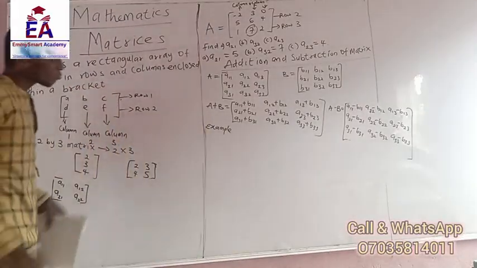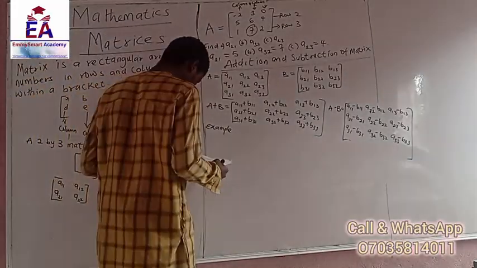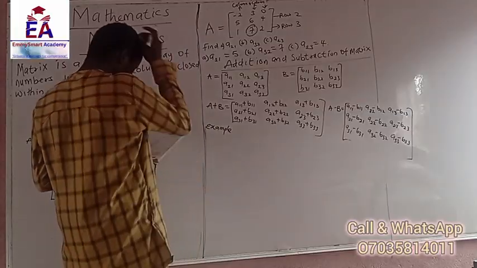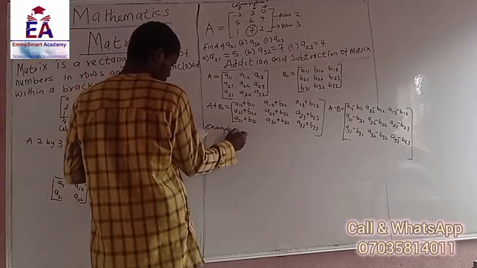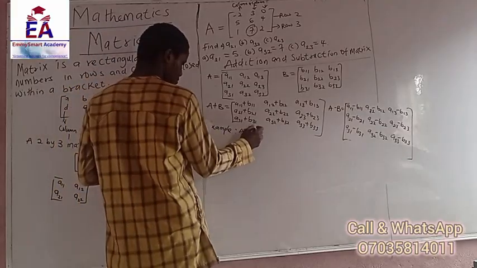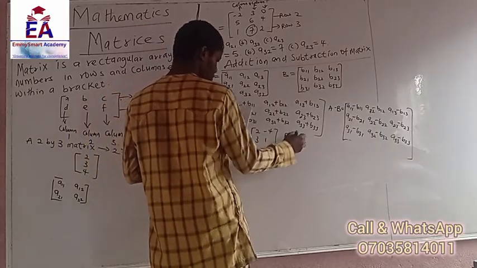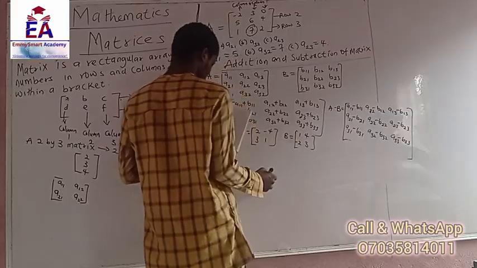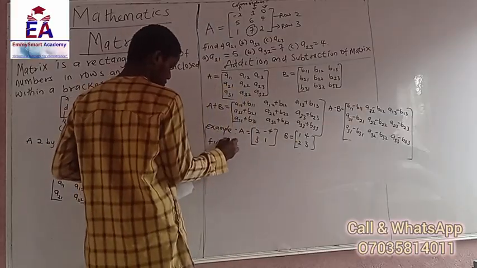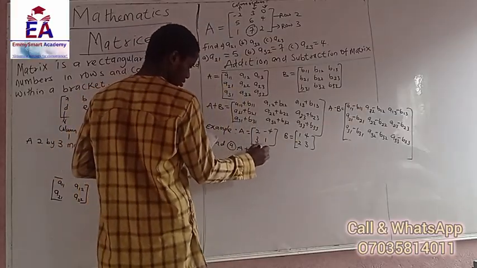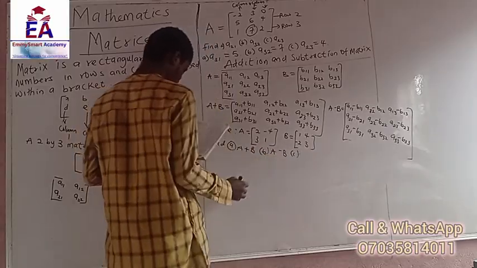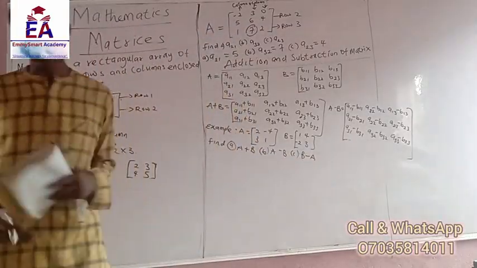So let's look at two examples, one from addition, the other one from subtraction. Okay, so we have A equal to 2, minus 4, 3 and 1, and then B equal to 1, 4, minus 2 and 3. So find A plus B, A minus B, and then B minus A. So let's find out what values.